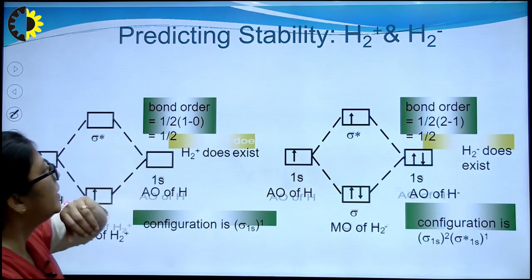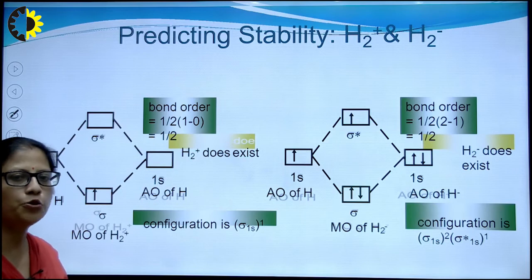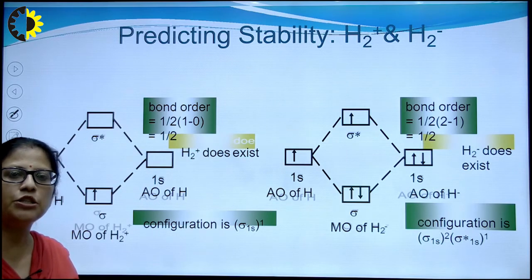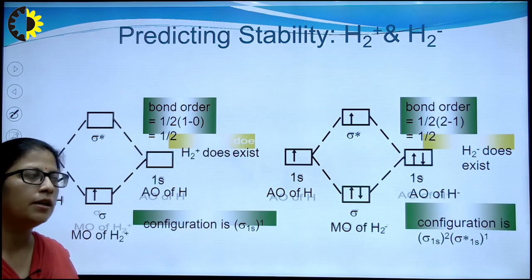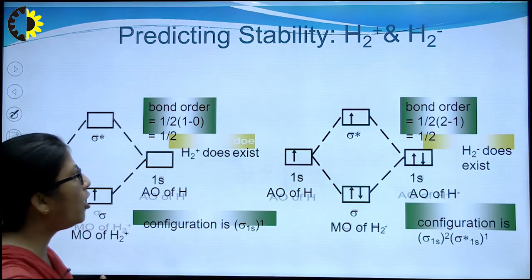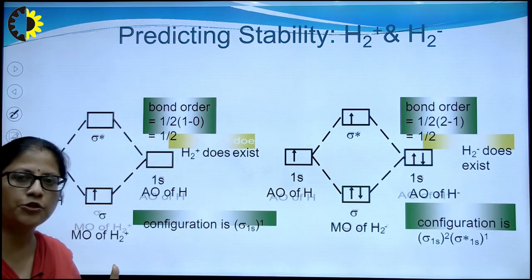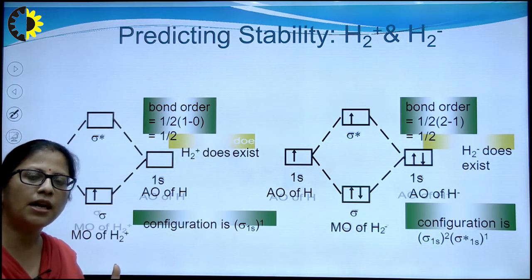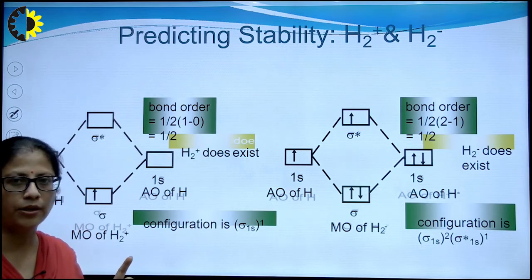Now, predicting the stability of H2 plus and H2 minus, and also predicting whether these two molecules will show their existence or not. Now, H2 plus is formed, that means the H2 molecule has 2 electrons. So, when it results in the formation of H2 plus, there is going to be only 1 electron.